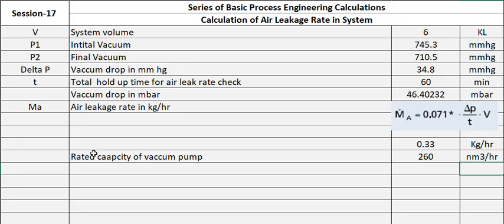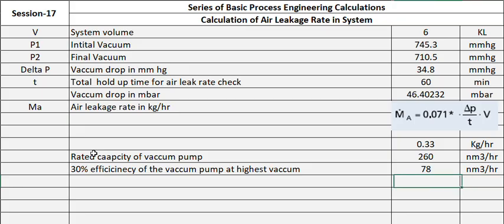So we assume 30% efficiency of the vacuum pump at highest vacuum. So we just need to multiply that by 30%, so that's the 78 Nm cube per hour flow rate of the vacuum pump.